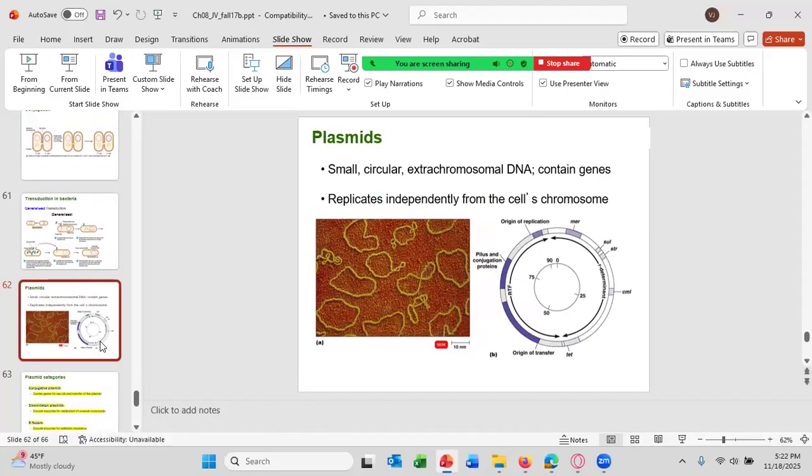Plasmids are important because if a cell has a plasmid, it's more likely to share the plasmid by transformation or conjugation or transduction than the cell is likely to exchange its chromosomal DNA. Any question about that? So plasmids are more likely to move from one cell to another than the chromosomal DNA is.